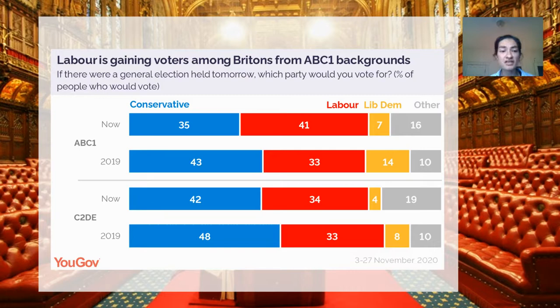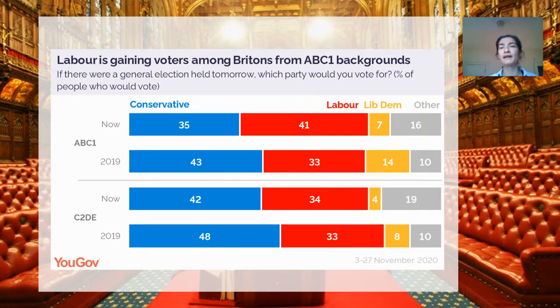What you can see here is that, both in terms of voting behavior in the 2019 election and what people said they would do when they answered this poll in November 2020, working class people are now actually voting for the Tories at higher rates than they're voting for the Labour Party, whereas the middle class is evenly split between Labour and the Conservative Party.